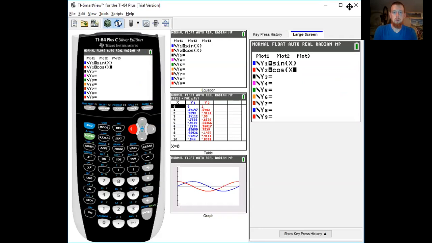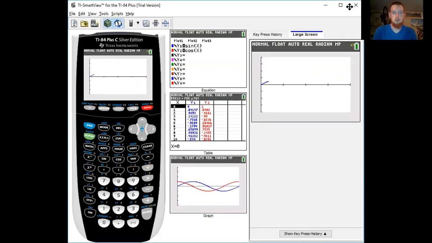So we're going to do cosine of x minus pi over 2. All right, let's see what happens. There's our original function. Would you look at that?